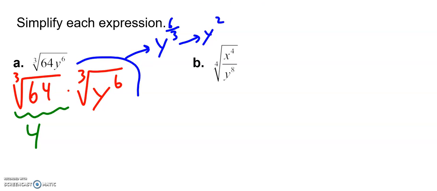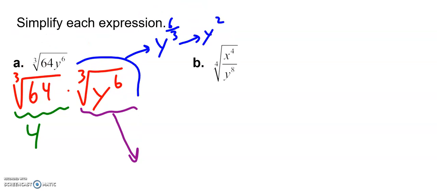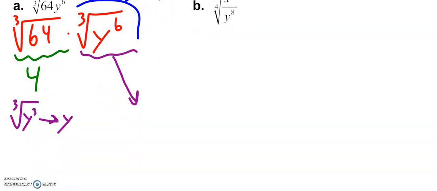Now the other way to think about it is similar to what I did on the previous problem, and that is to take this and say, okay, well, I know that if I have the cube root of y cubed, that will just become y. So I can try to break 6 down into y cubes.